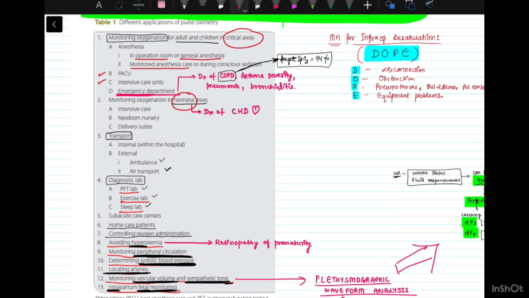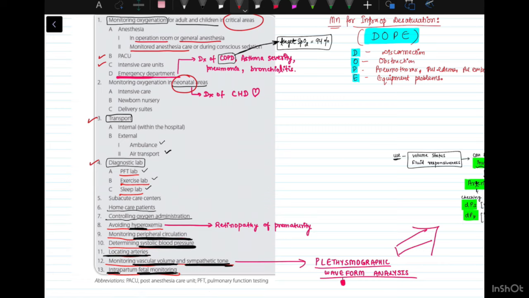like the operation room, during general anesthesia or monitored anesthesia care, or the PACU and intensive care. You can use it in neonatal areas, during transport, the diagnostic labs like the PFT, exercise lab or sleep lab, home care patients, controlling the oxygen administration, avoiding hyperoxemia, monitoring peripheral circulation, determining systolic blood pressure because of the perfusion, locating arteries, monitoring the vascular volume and sympathetic tone, which is done by plethysmographic waveform analysis.